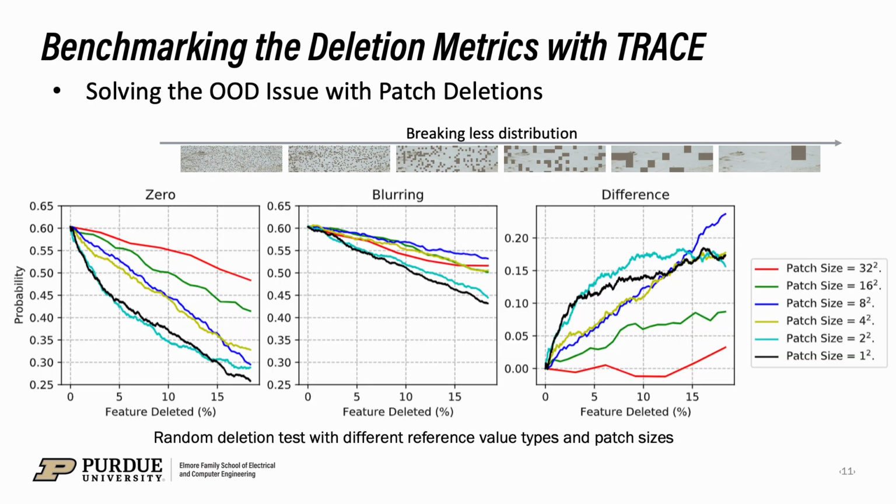It can be observed that with different references, the trends differ even when the feature sizes are identical. However, as the size increases, the influence of OOD decreases. And when the features are deleted as 32 by 32 superpixels, the OOD issue is almost eliminated.